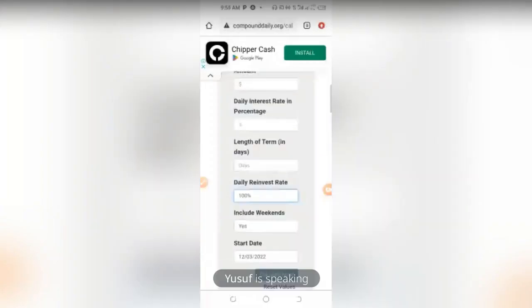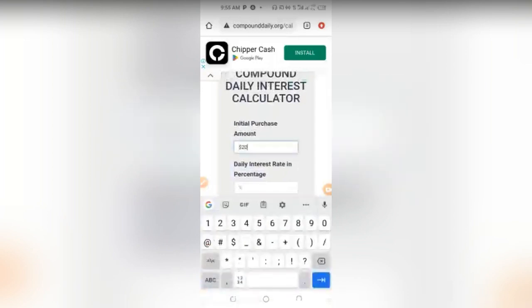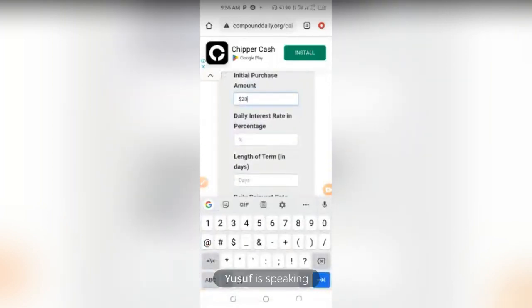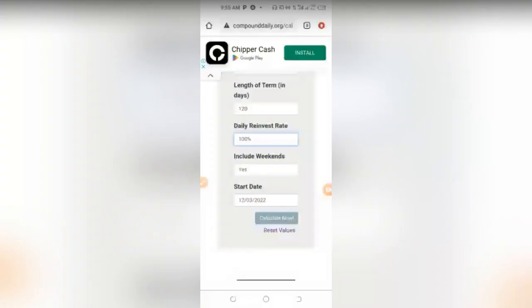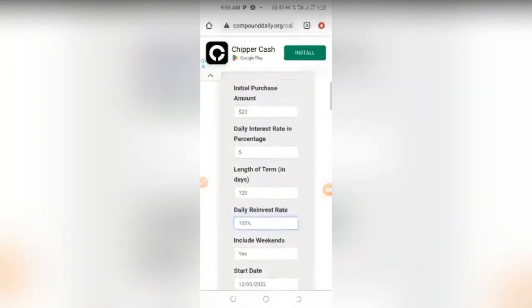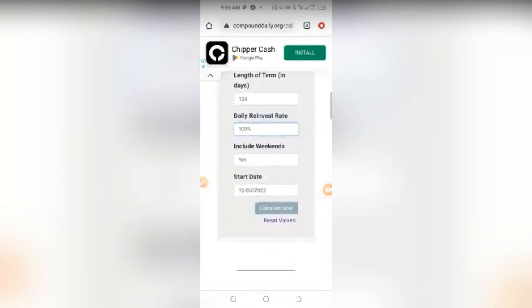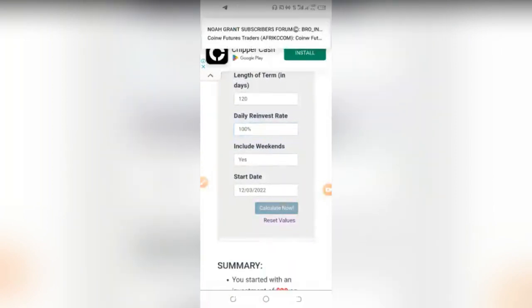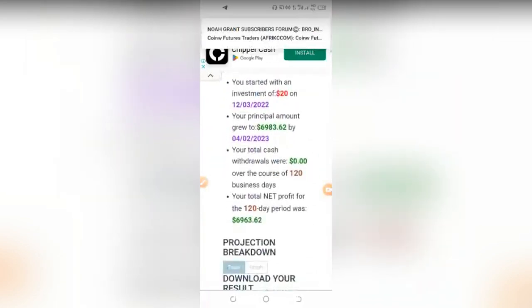Let's say you have $20. Daily percentage rate is 5%. Length of terms in days, let's say 120. Then daily reinvestment rate 100%. If you want to be getting 5% of this, calculate now. Now this is it. Your investment is $20.